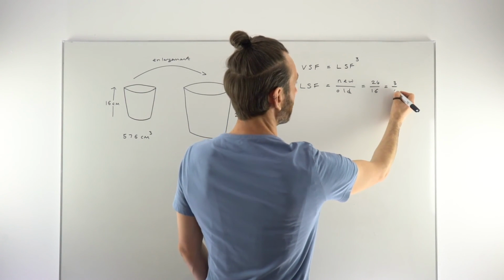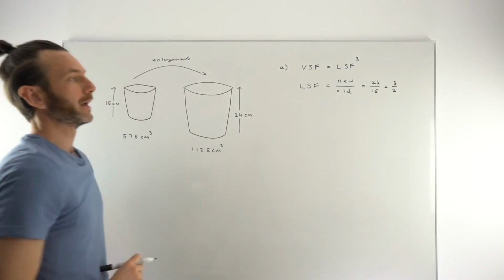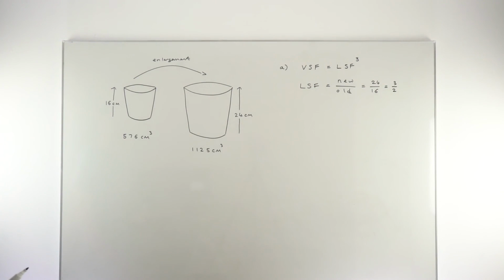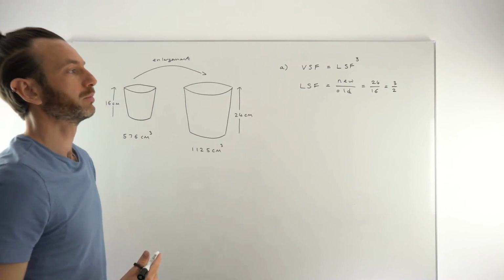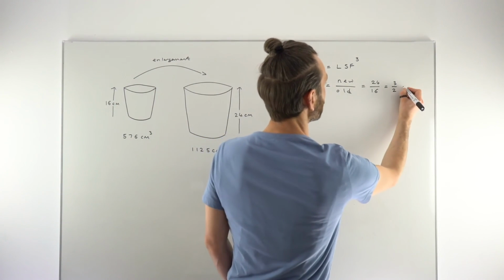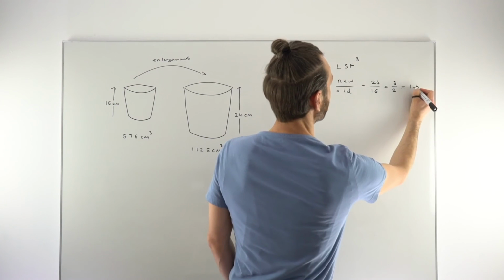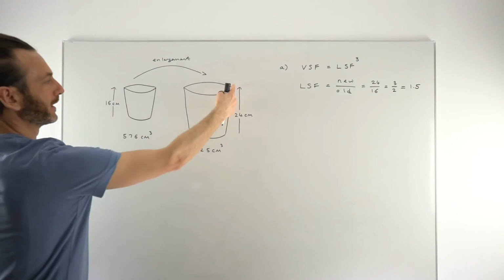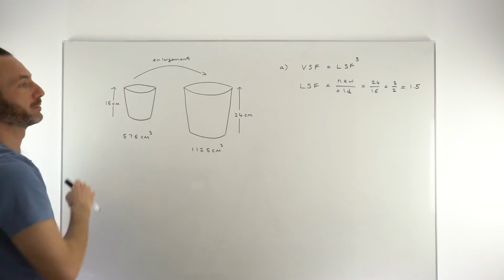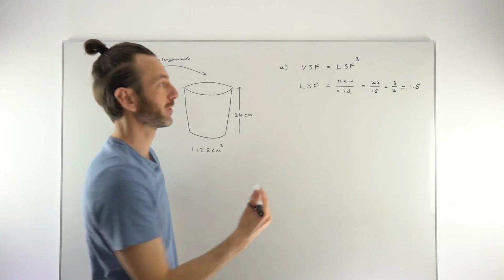So this becomes 3 over 2, let me just check that. 3 over 2, yeah, or 1.5. So either using the fraction or the decimal version. I'll go for the decimal version. So all that's telling us is that that length there is 1.5 times that length. Okay, so that's our linear scale factor.